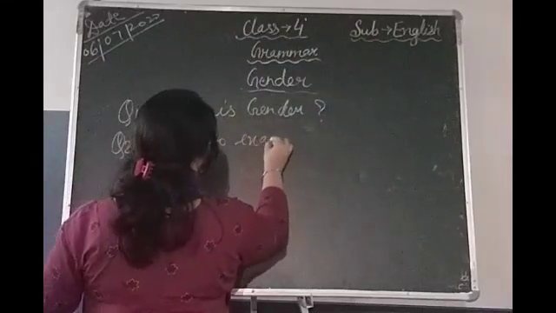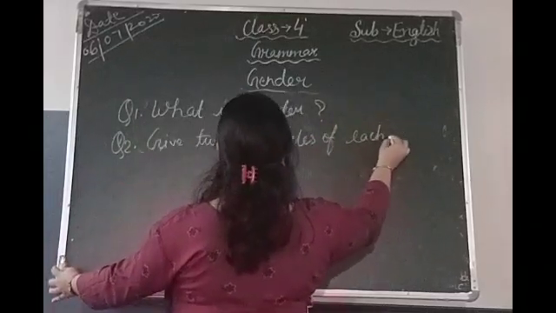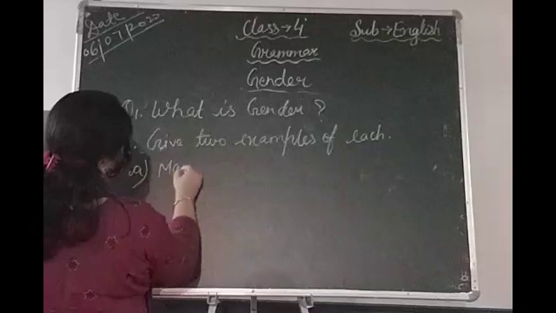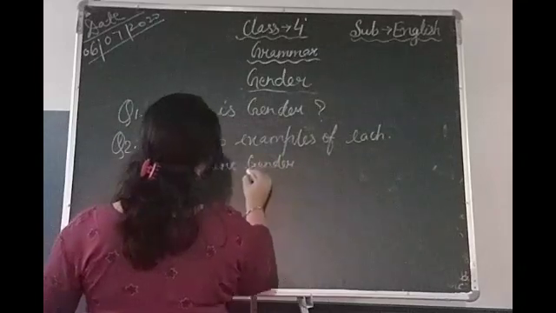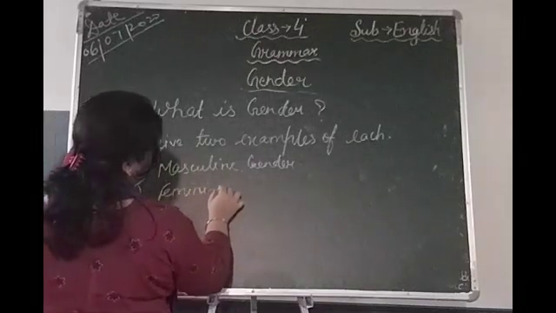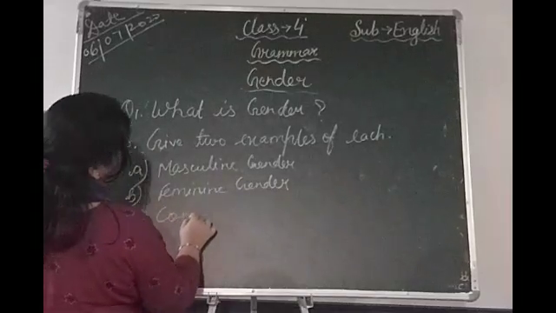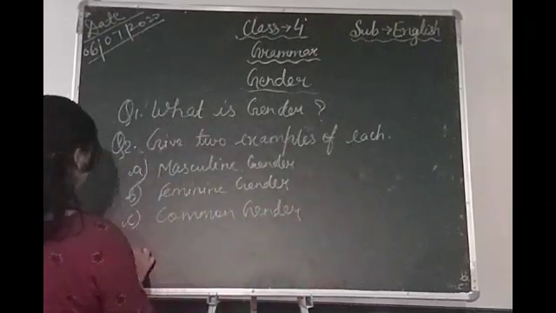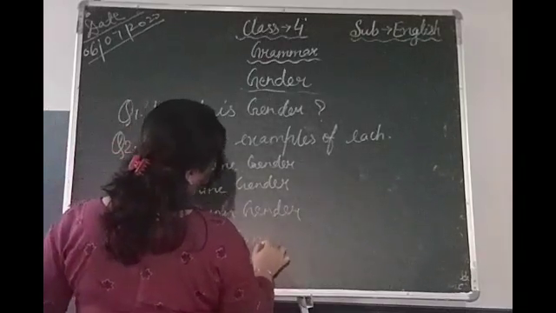Give 2 examples of each. First one is masculine gender, feminine gender, third one is common gender, and the last one is neuter gender.